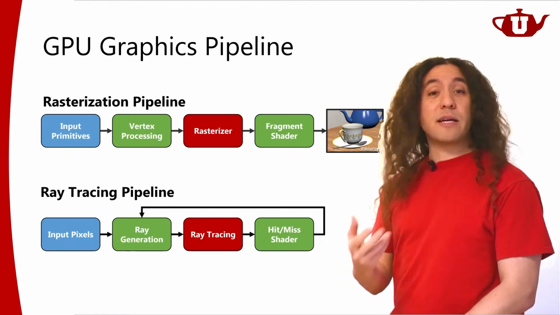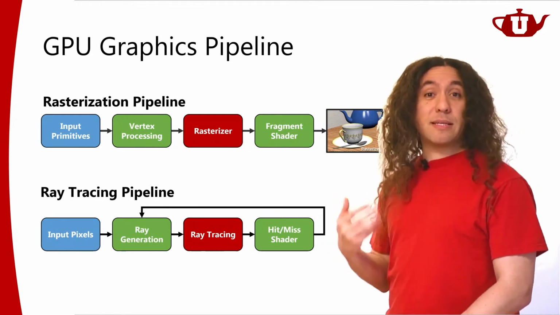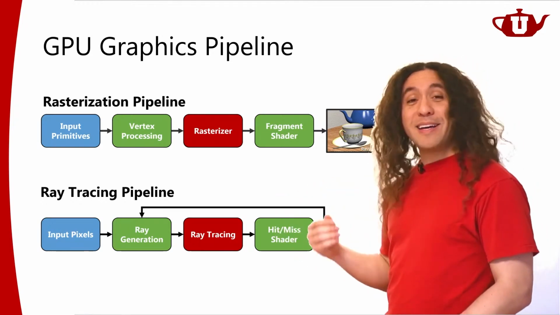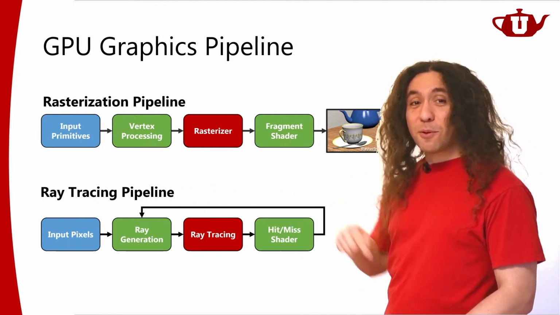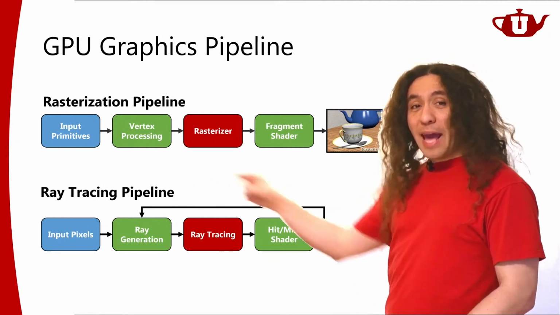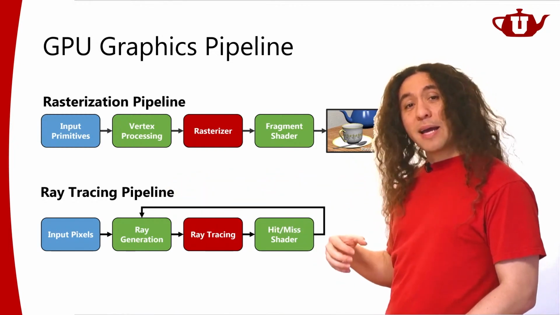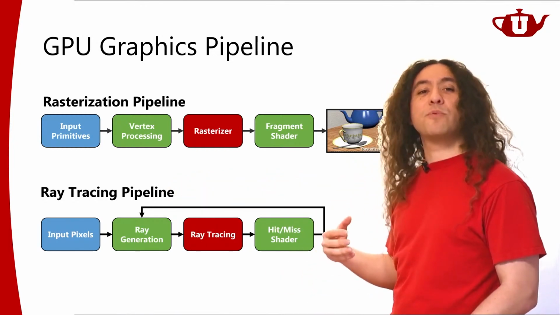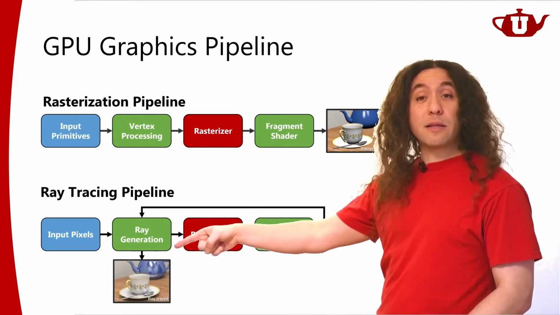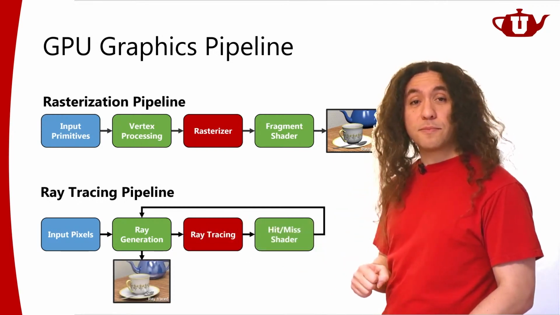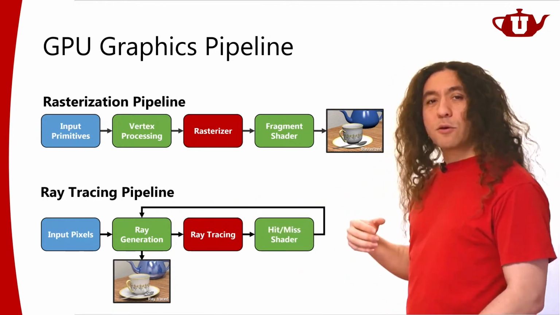That could be my secondary visibility, like shadows. When I cast a shadow ray, I need the result of that shadow ray back from where I'm sending it. So in the end, I'm going to get all the secondary stuff back, and then I am going to produce my final image. My final image is actually going to come out from here, wherever I generated my rays. So that's what the ray tracing pipeline looks more like.